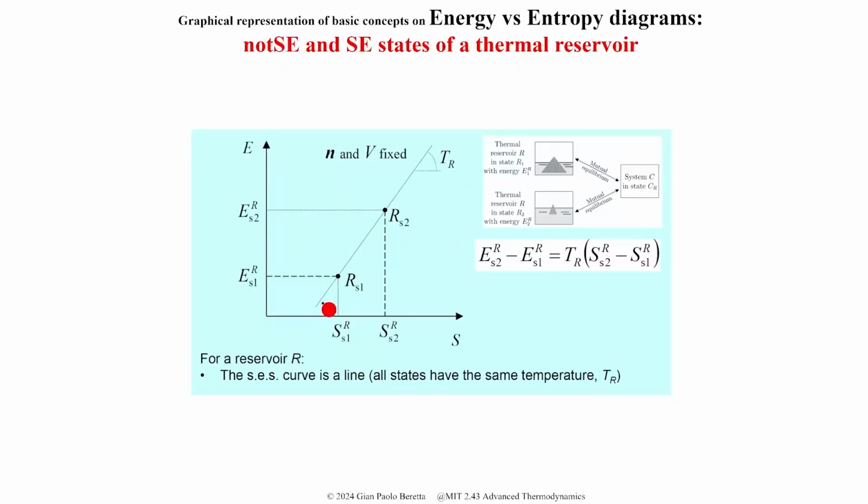We've discussed the fact that the thermal reservoir has a constant temperature. And you actually had in the homework this discussion to try to reproduce it, the definition of temperature for a reservoir. So for the reservoir, the stable equilibrium state curve is just a straight line.